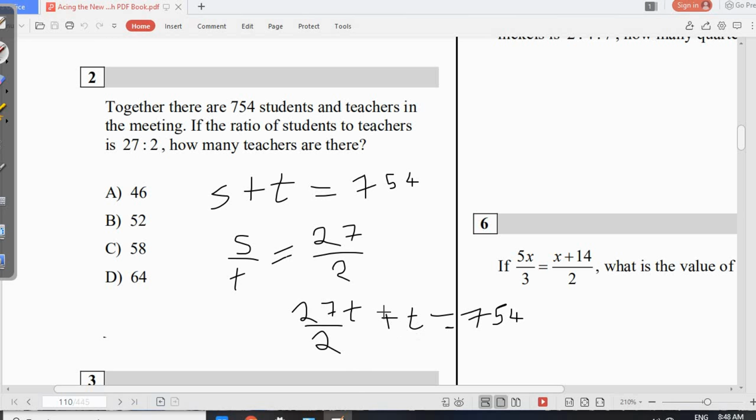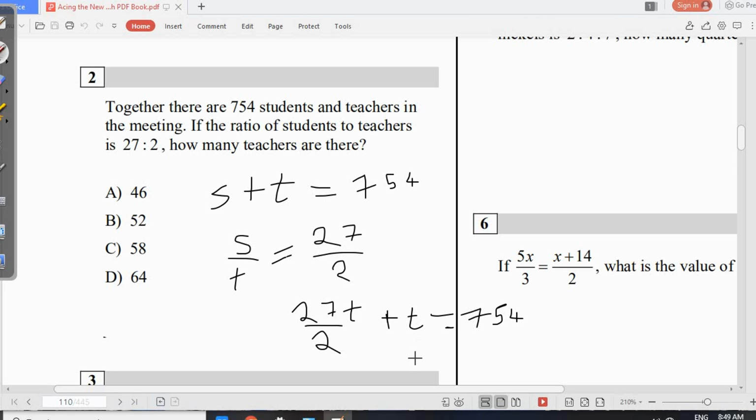So the first thing we have to do here is to multiply everything by 2 to make sure we get it. Or we can simply use a fraction. 27 divided by 2 is 13.5.